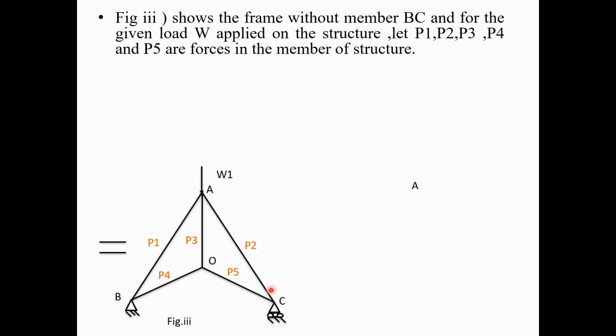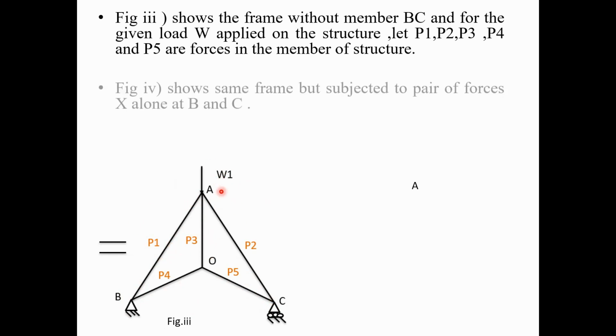Now if you check the stability, this truss is stable, or we can say a determinate truss, because of removing this member. Now because of the applied load W, we can find out the forces in all the members, which we call the P forces. So in the analysis, the first step is that after removing the redundant member, you have to find out the P forces in the structure because of the applied load.